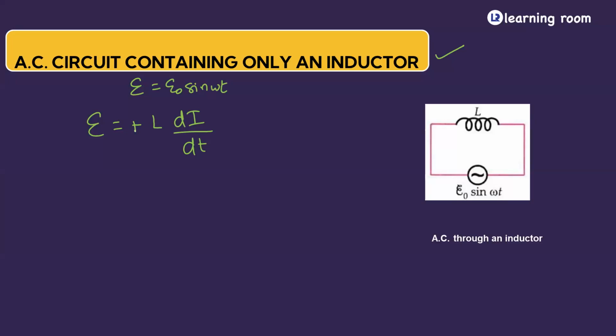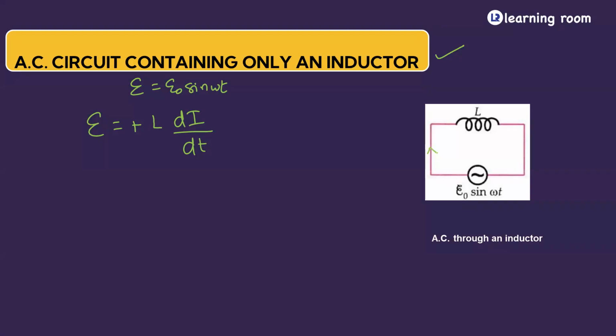Why I took the magnitude here, listen to this carefully. I discussed a concept called back EMF. Do you guys remember the back EMF? What does a back EMF do? When the value of current is increasing, the current induced in the inductor will be in the opposite direction to the one which is flowing. Let's say the current is flowing in the clockwise direction.